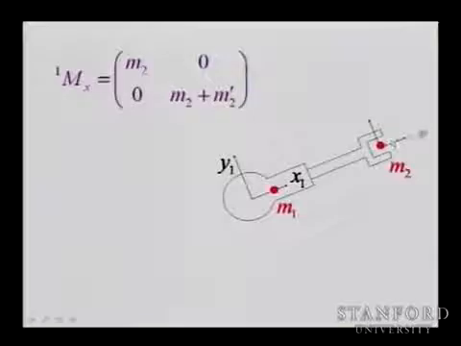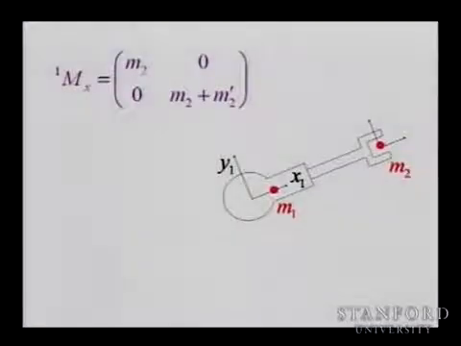And what is the effective mass when I'm moving in this direction? So let's see if this makes sense. If I'm moving in the x1 direction, this direction, what do you expect the mass to be? This is the end effector. What do you feel when you move in this direction? M2. Well, this is what you see here.